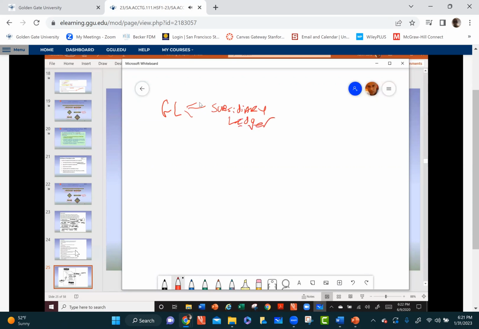Now, subsidiary ledgers, as you know, contain the detail, right? So the general ledger will say the account balance for equipment is 10 million, but then the subsidiary ledger would list what? A robot, statue, et cetera, and list all the different assets that make up the total for the equipment, okay?